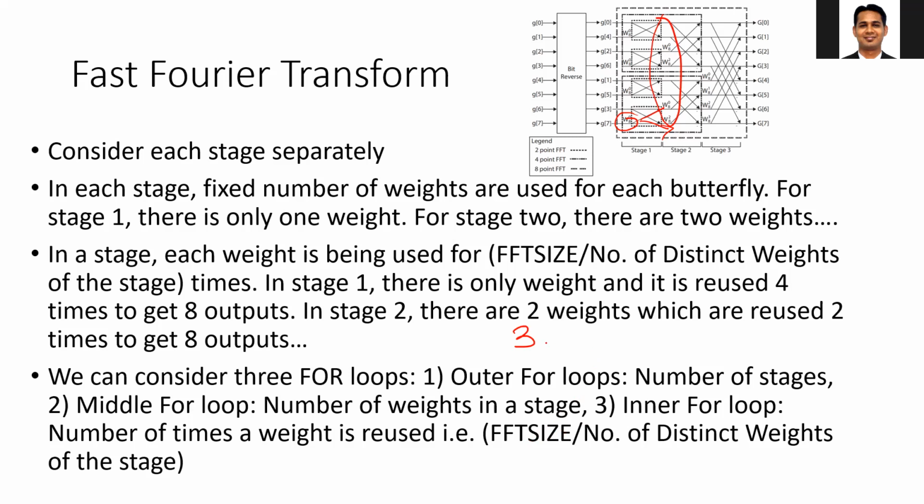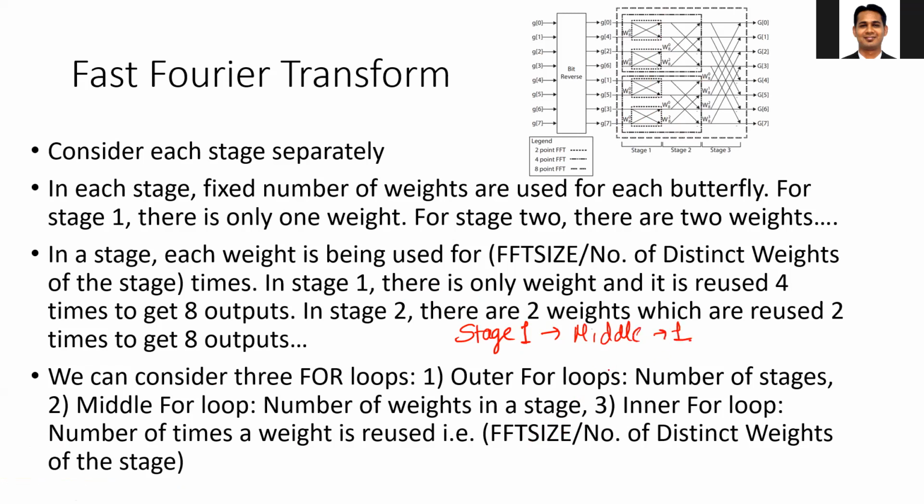So for example, let me simplify it. If you are in stage 1, your outer loop will be for one iteration. That is the stage 1 outer loop, the first iteration. Then the middle loop will have only 1 iteration.